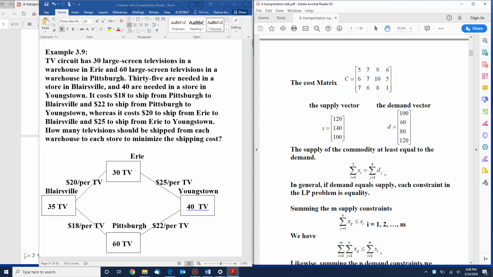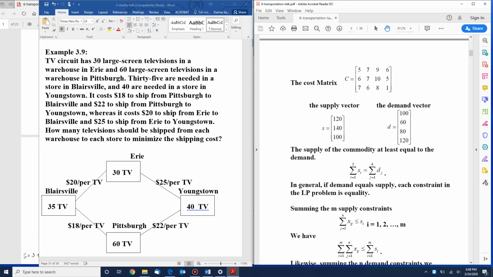And then we also have the data for supply, so we can put them together to form the supply vector and then the demand vector. Although they are vectors of different sizes, if you add all the entries together, that's the total supply, and add all the entries of the demand vector, that's the total demand, right?